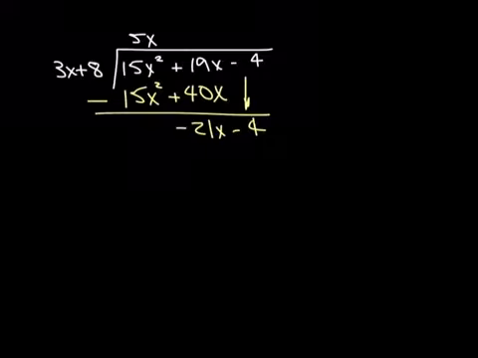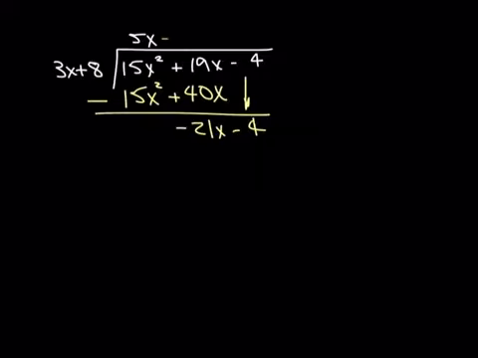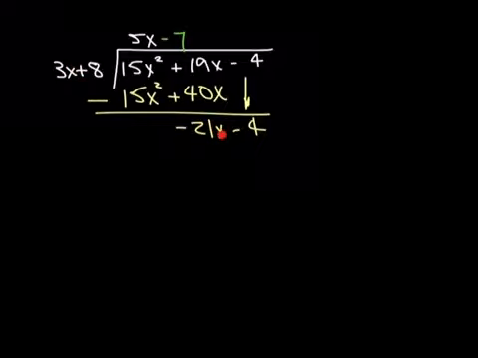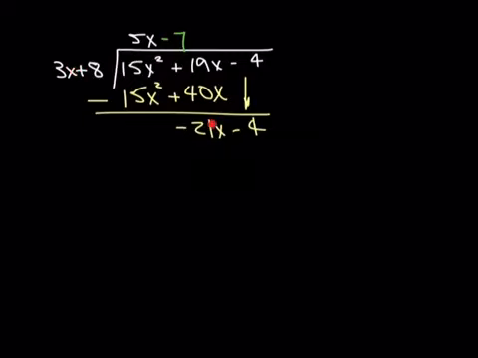So 3x goes into negative 21x negative 7 times. Okay, the x's go away because there's 1 in each one. There's 1x here and 1x here, so this x and this x disappear. When we did this one into this one, we still had 1 left, 2 minus 1. But here, since we have 1 there and 1 there, they both go away, so it's just 3 into negative 21.